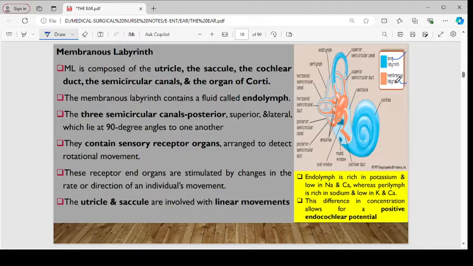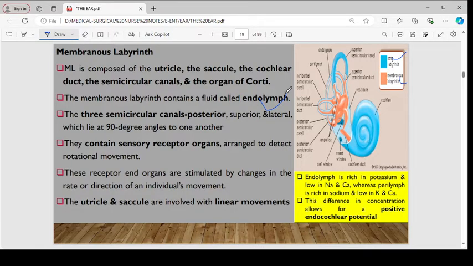The membranous labyrinth consists of the utricle, the saccule, the cochlear duct, the semicircular canals, and the organ of Corti. The membranous labyrinth contains a fluid that is referred to as the endolymph, right? The three semicircular canals, that is the posterior, superior, and lateral, lie at 90 degrees to one another.